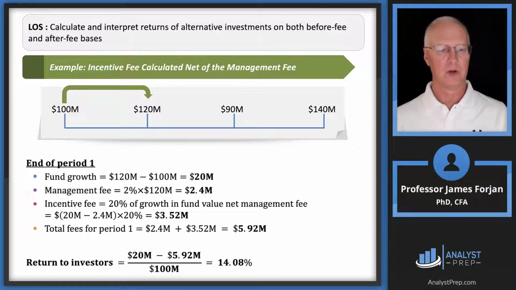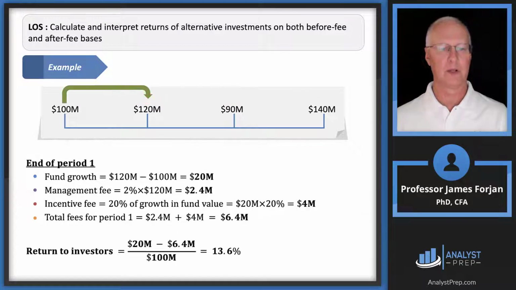So look at the return to the investors. There's the 20 million divided by the 100 million. So that's the 20%. Remember I said kind of like a capital gain, but then you're paying me the 5.92 million. So that gets us down to just 14.08%. And so let me just go back here kind of quickly. What did we have here?